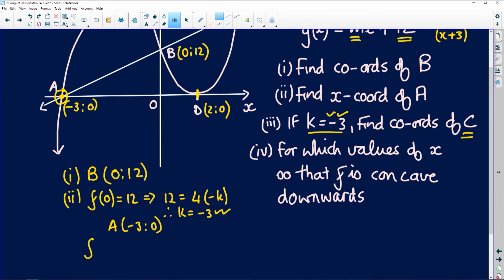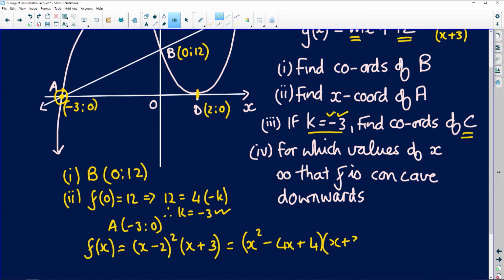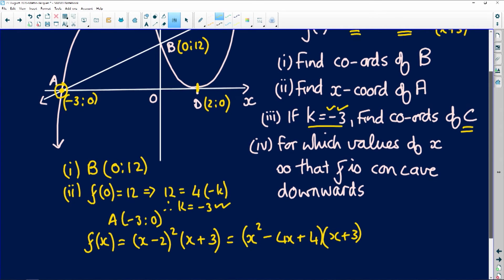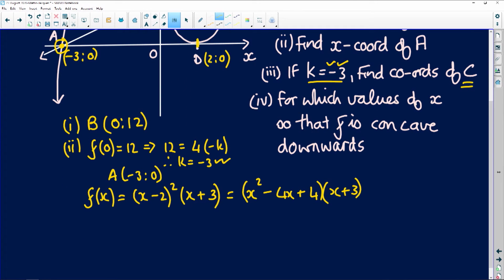So what do we know about f of x? We know that it's equal to x minus 2 squared times x plus 3, and that becomes x squared minus 4x plus 4 times x plus 3. Why am I multiplying out? Because I have to differentiate to get to C. It is a turning point or a stationary point. We know the derivative is naught at stationary points. So I need to find out what f of x is.